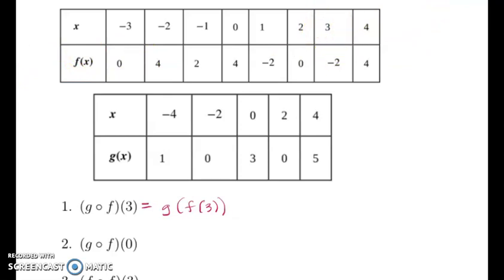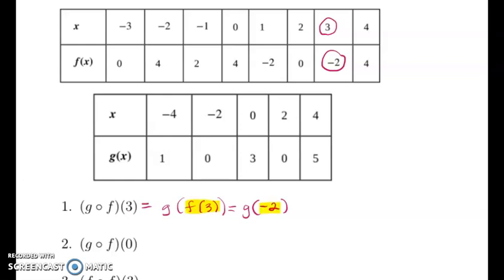So the image of 3 is negative 2. Okay? So the f of 3 is negative 2. So that is equal to, i-replace lang natin yung f of 3 ng negative 2. Again, yung ni-replace lang natin dito ay ang f of 3. Okay?